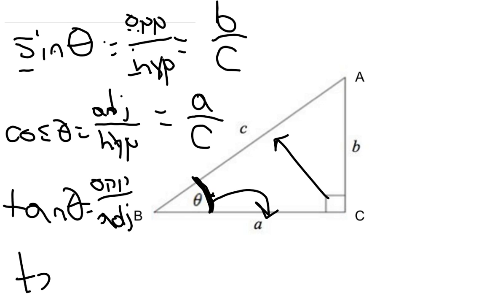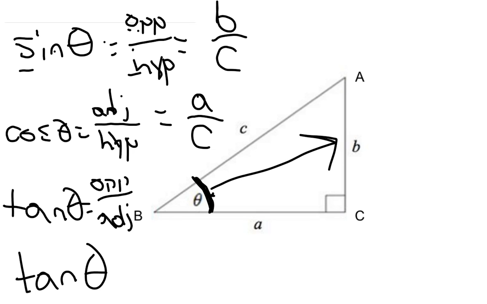I could write it as opposite, which is B, over adjacent, which is A. So my tangent would be equal to B over A.